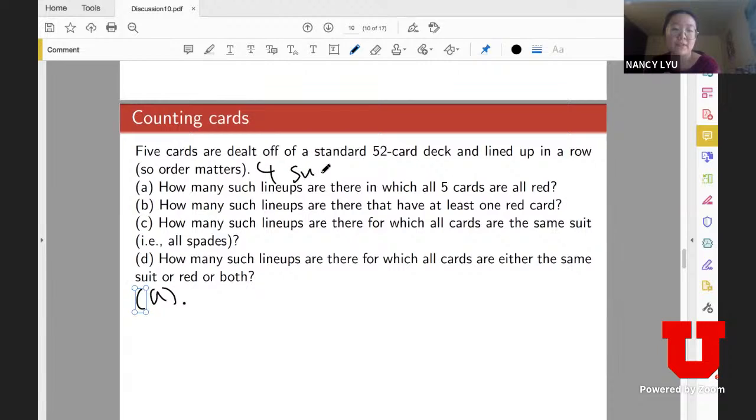We have 4 suits here, and 2 of the suits are red. In each suit we have 13 cards, so we have 26 red cards in total.